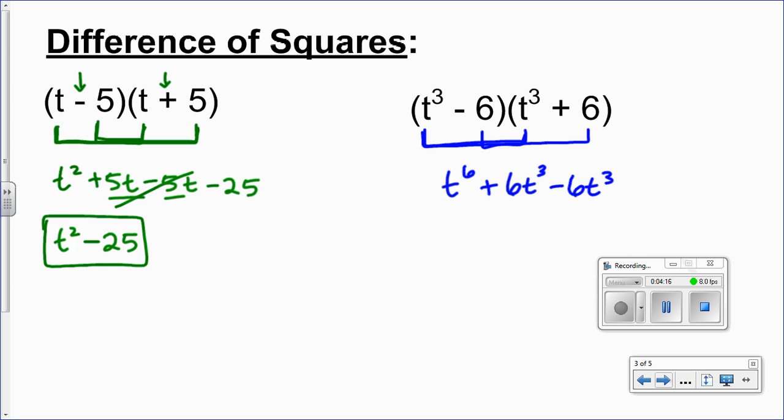The inner would be negative 6t cubed. And then the last number would be negative 6 times 6, which is negative 36. Again, if you look at your outer and inner, one's positive, one's negative, those are going to cancel each other out. And you're going to get t to the 6th minus 36.